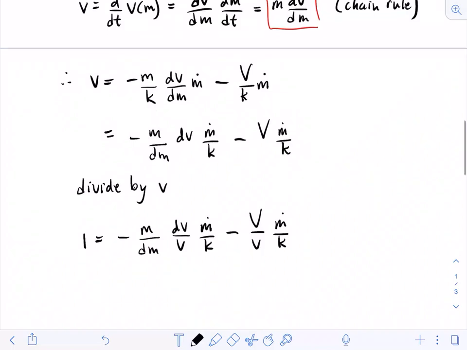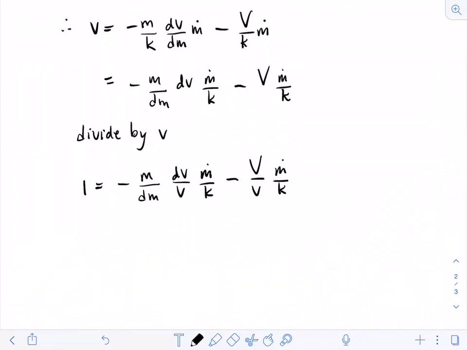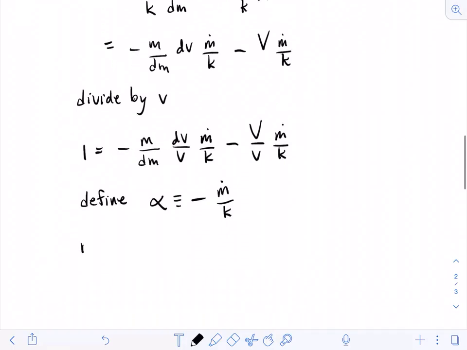Okay, so we're going to define a new quantity, and the quantity that we're going to define is alpha. So alpha is defined to be minus m dot over k. And so let's recall, first of all, that m dot is equal to a constant.